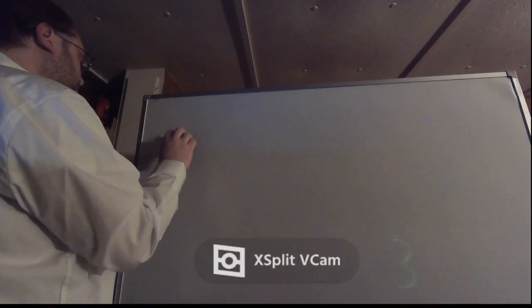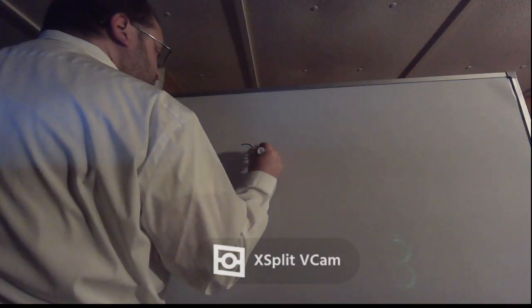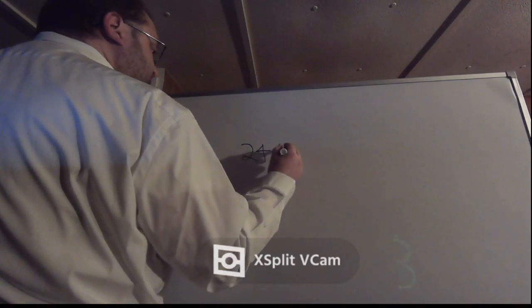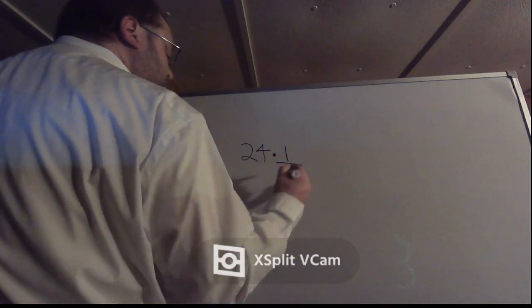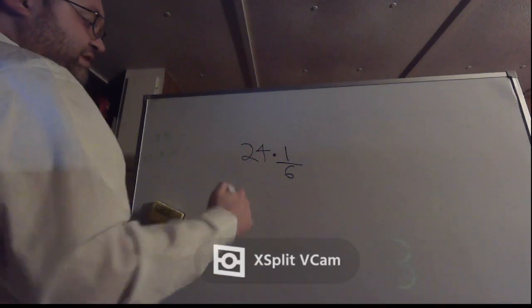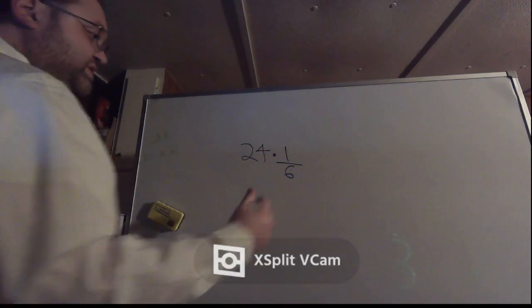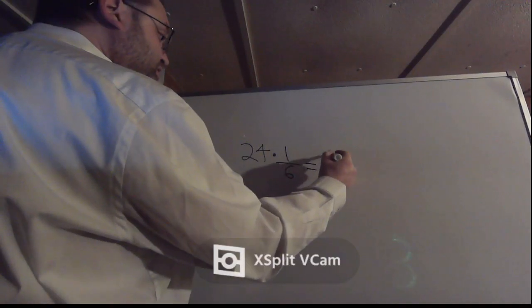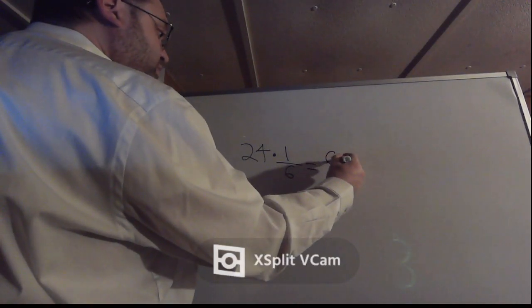I got 3 more problems here. 24 times 1/6. Okay. We have a common 6 we could factor out between the 24 and 6. So, let's do so. We have 6 times 4 is 24.